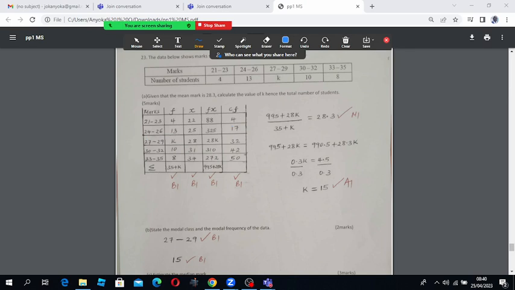Then this is our C. This is our F, which is 15. And the interval is 29.5 minus 26.5. I think 4. Yes. Now let's go substitute in the formula.